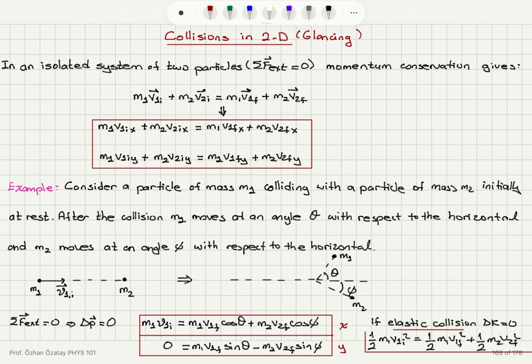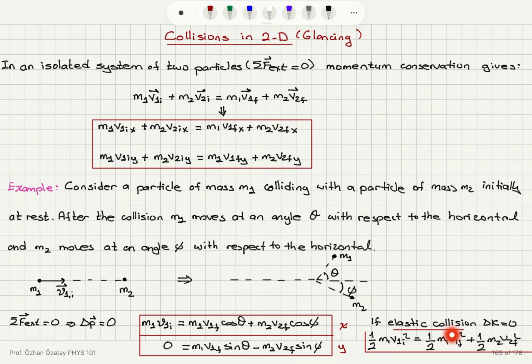And so for the y equation, since we don't have any y component initially, 0 equals m1 v1 final sine theta minus m2 v2 final sine phi, because I'm envisioning m2 making an angle phi with respect to the horizontal axis in the negative direction. Okay, so we can write this set of two equations.